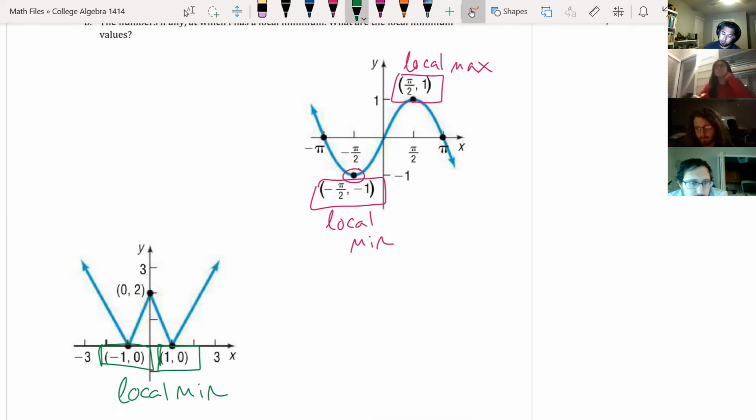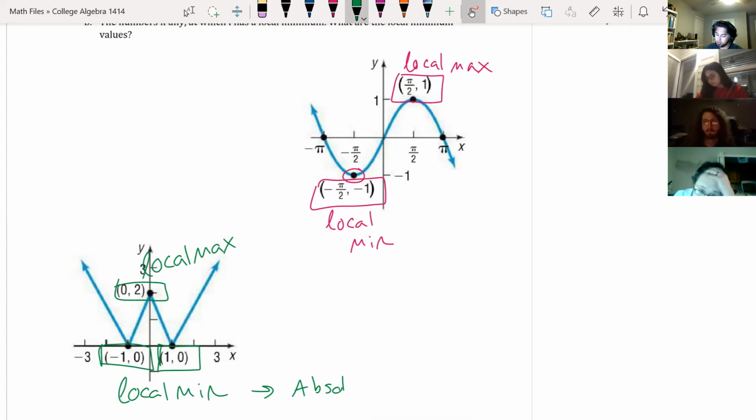And then the point 0, 2 is going to be considered a local maximum. All right. And since the graph doesn't get any lower than 0, our local mins can also be considered absolute minimums because the graph is not going to get any lower than those points.